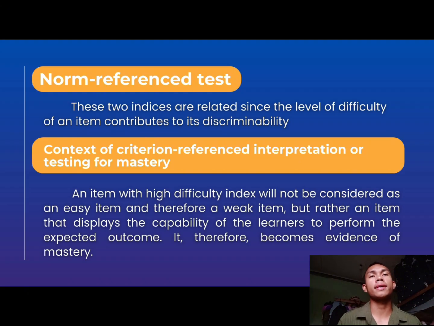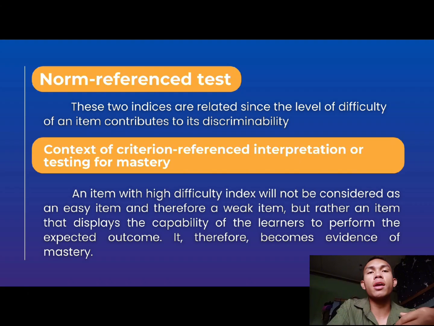But in the context of criterion reference testing, which focuses on mastery, the interpretation is a little different. An item with high difficulty index does not automatically mean it is a weak or bad item. Instead, it shows the capability of the learner to reach the expected outcome.